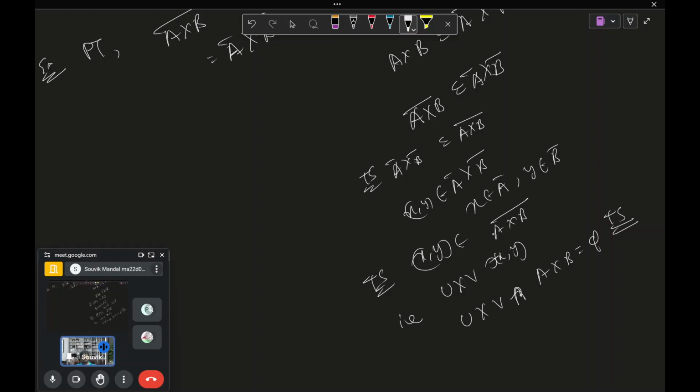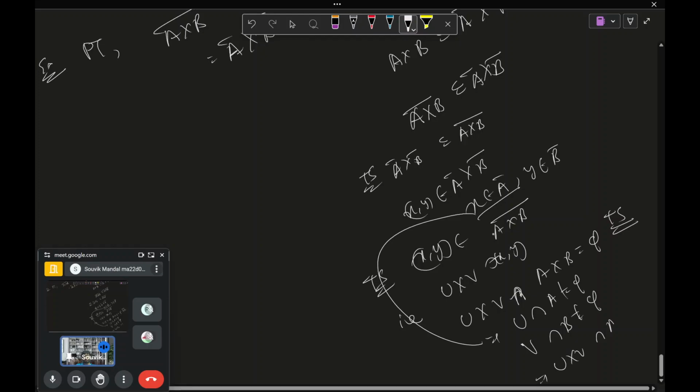Now since x belongs to A closure, this implies U intersection A is non-empty, and similarly V intersection B is non-empty. So this implies what? (U cross V) intersection (A cross B) is non-empty. So this is the argument. You understand?